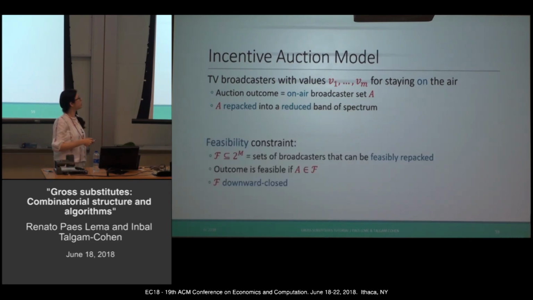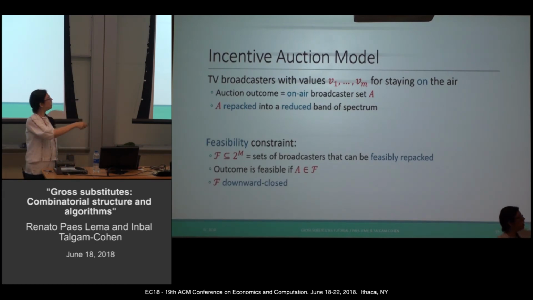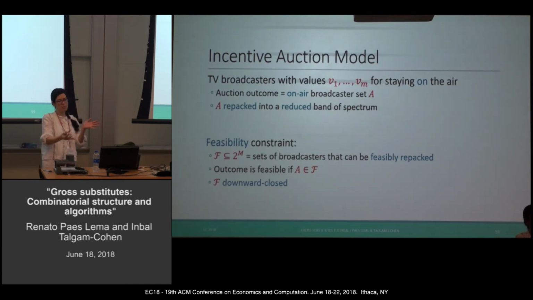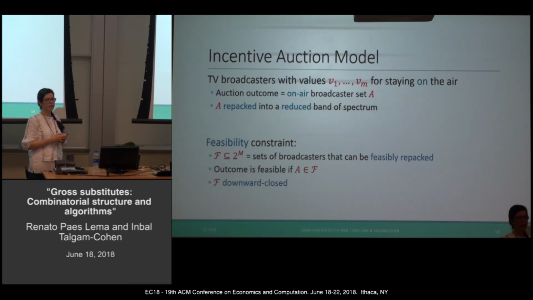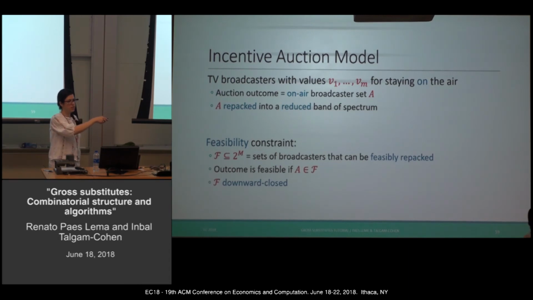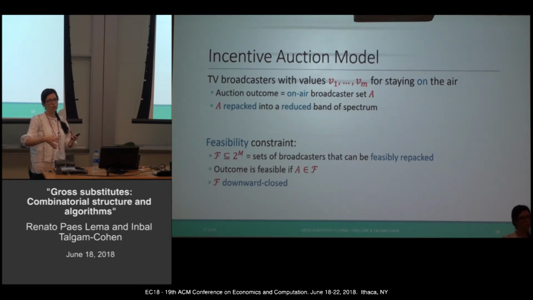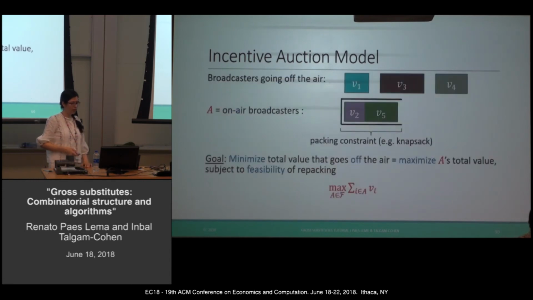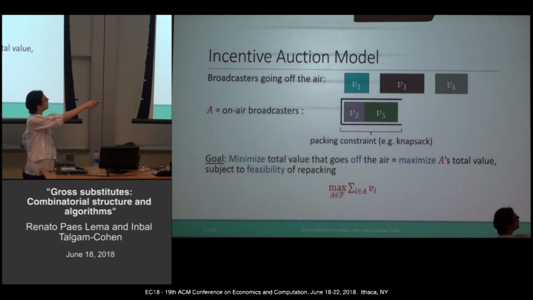Formally, we can define a feasibility constraint on the set of broadcasters that can be feasibly repacked according to the amount of spectrum that we have left, and maybe some other repacking constraints. An outcome of the auction is feasible only if the broadcasters that stay on the air are feasible. Also this set is downward closed, because if you can repack a set, you can always repack a subset.